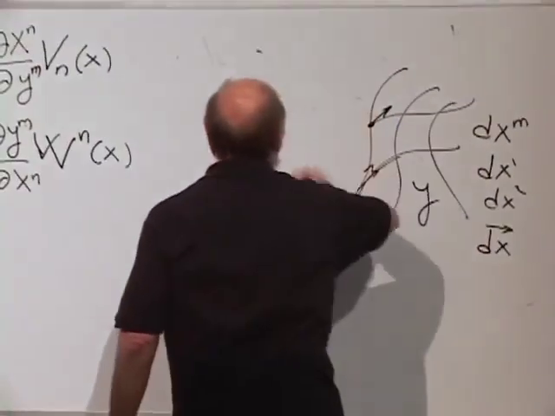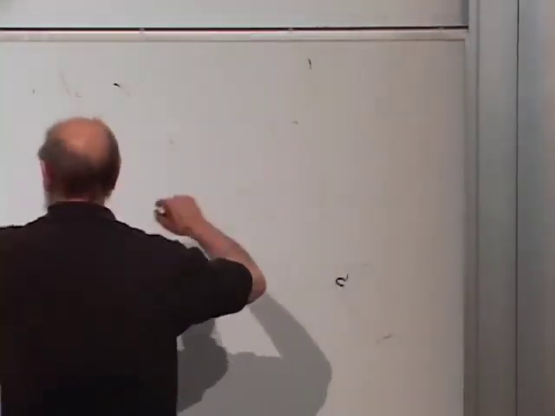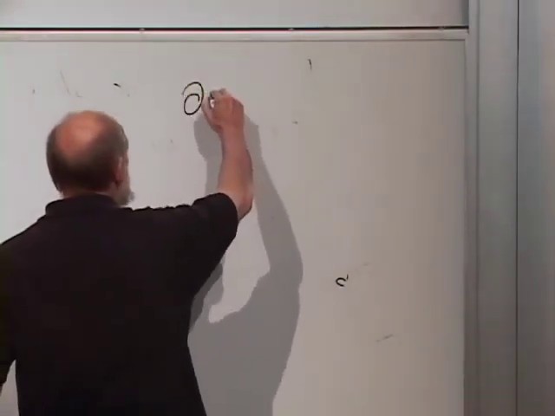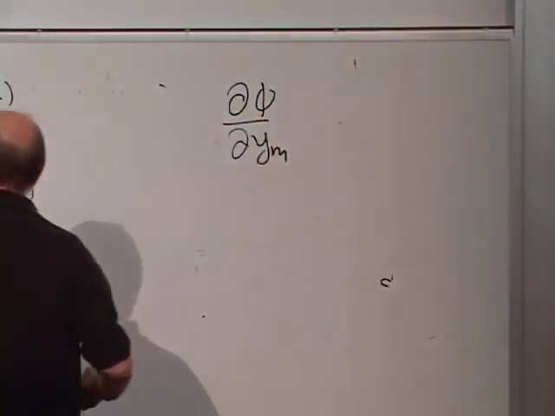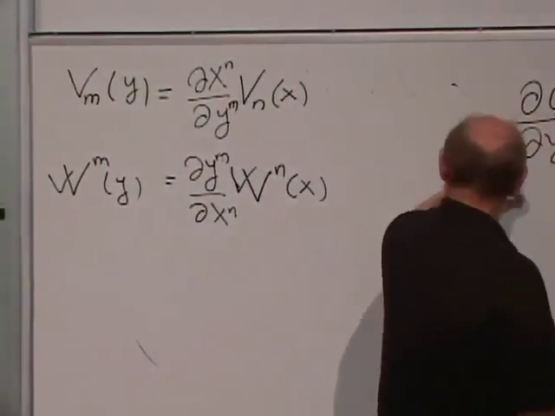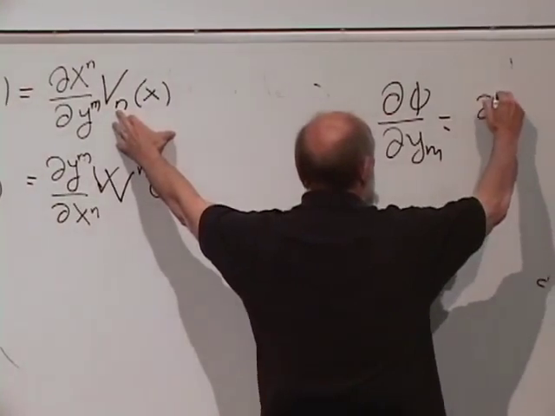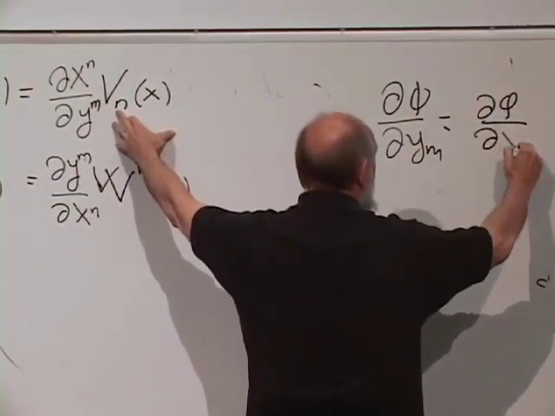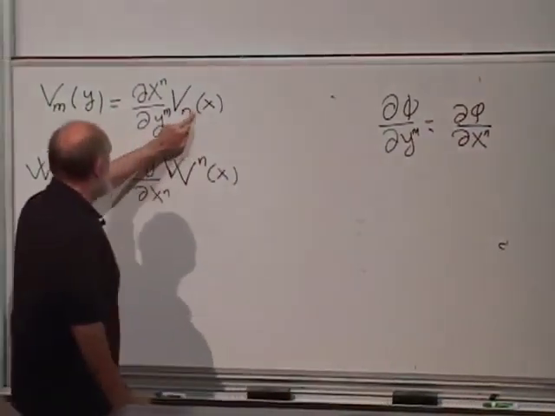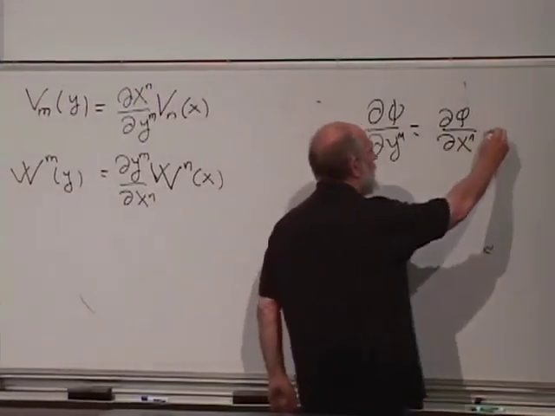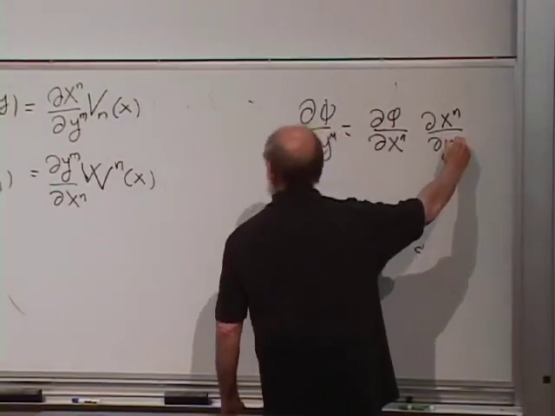If the vector we're talking about is a gradient, then this equation just says that partial of phi with respect to y^m, that's the left-hand side here, because v is a gradient, is equal, on the right-hand side, to partial of phi with respect to x^n, that's this object, times dx^n by dy^m.